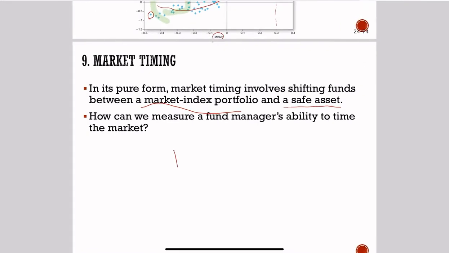That is, if you have SP 500 and if you have T-bills, then depending on your prediction, right? If you think the market will increase, then you will invest in SP 500. If you predict the market will decrease, then you will exit and you will put your money into T-bills. So this is called market timing.